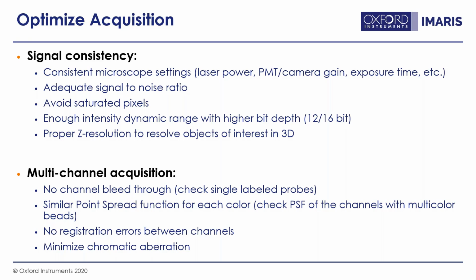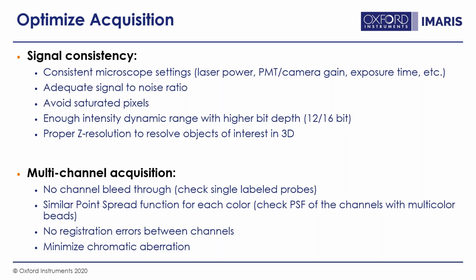Especially in terms of co-localization, and I talk about this a lot, and I may bring it up while I present my data later today, you've got to have signal consistency. If you want to analyze from image to image, sample to sample, tissue slice to tissue slice, you want to make sure that your acquisition is as consistent as possible.